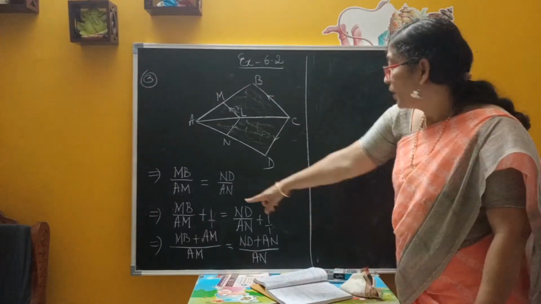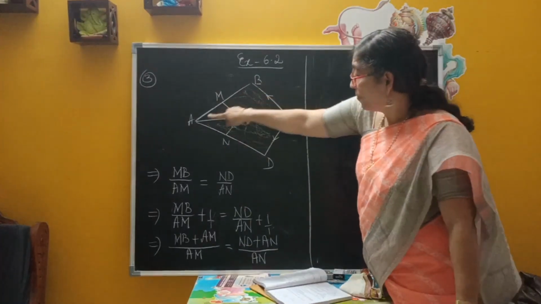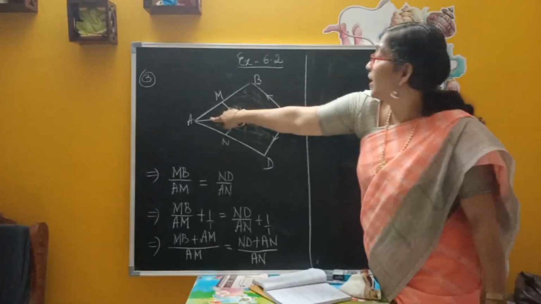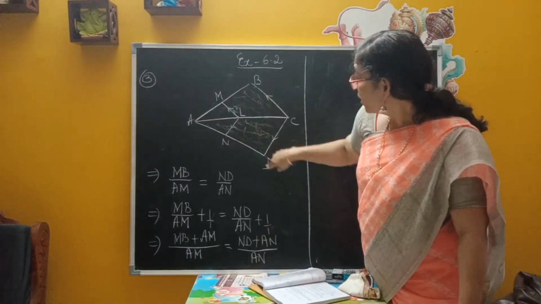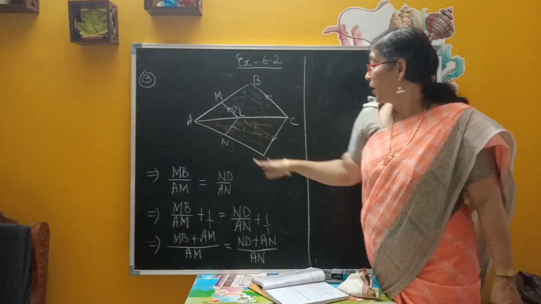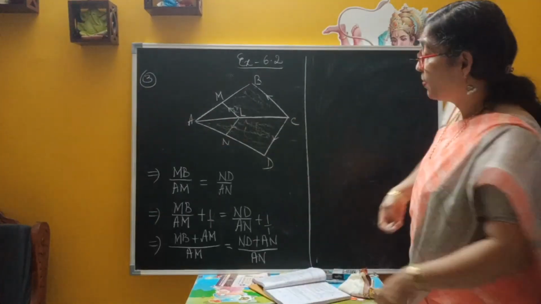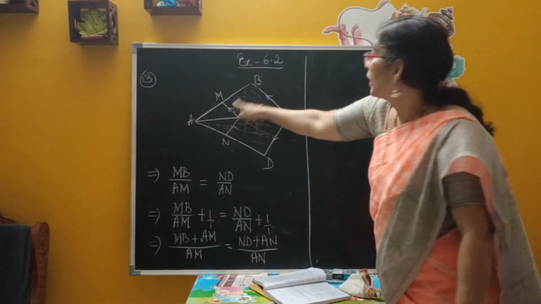So see the figure, MB plus AM, what do we get? We get AB. Here also, it's again ND plus AN. What do we get? AD. So in place of MB plus AM, I will write AB now.